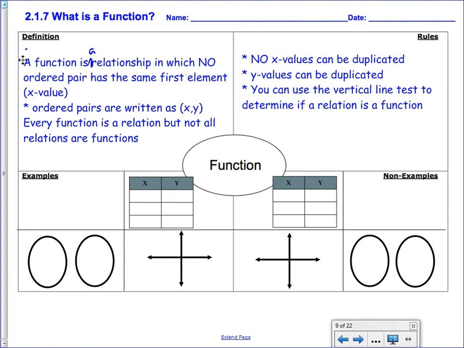So I'm just going to give you some examples for your notes here. Again, you can make any example, like -1, 0, 1, as long as you only have one x value mapping to one y value, you are okay. Similar here.